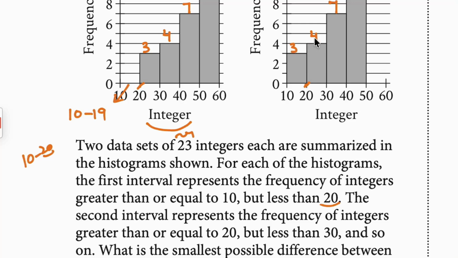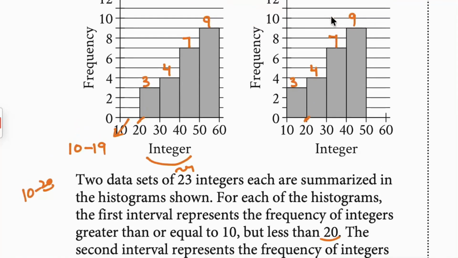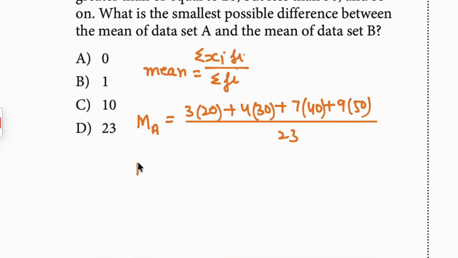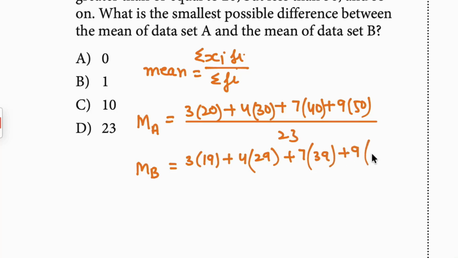So 3 times 19, 4 times 29, 7 times 39 and 9 times 49. So the mean of data set B is equal to 3 times 19 plus 4 times 29 plus 7 times 39 plus 9 times 49 by 23.